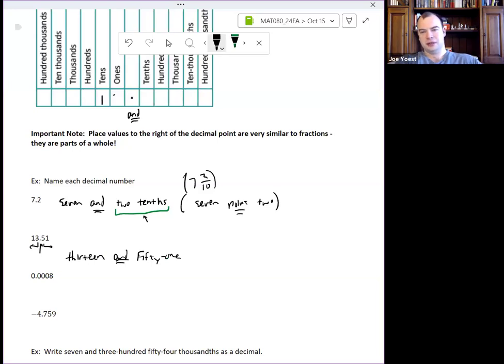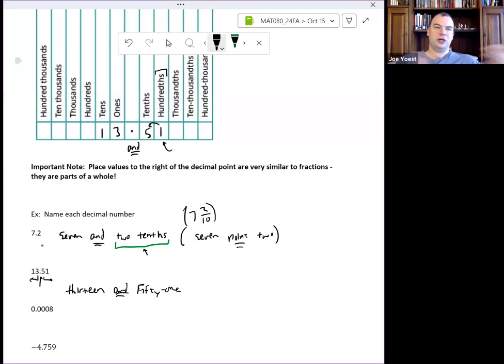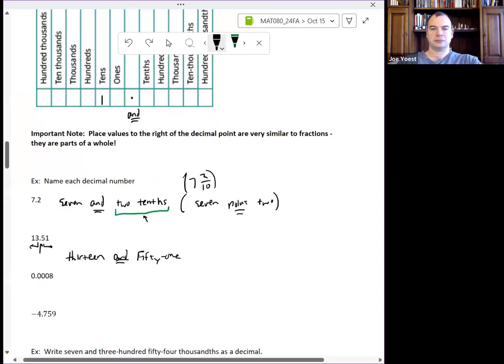So that would be 13.51. I see that this is 51 hundredths, right? There's 1/100th plus, if I'm one to the left, that's 50 hundredths as well. So that's 13 and 51 hundredths.